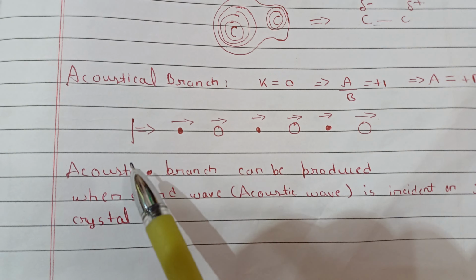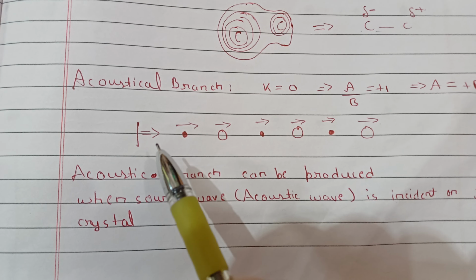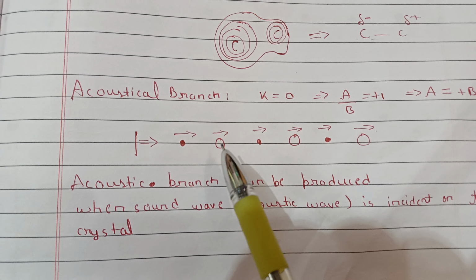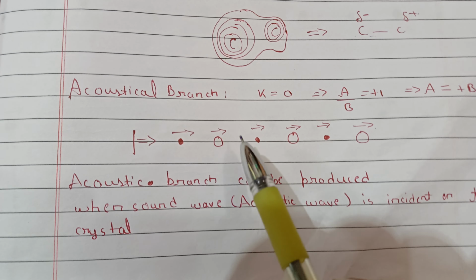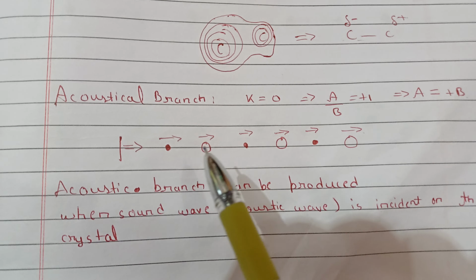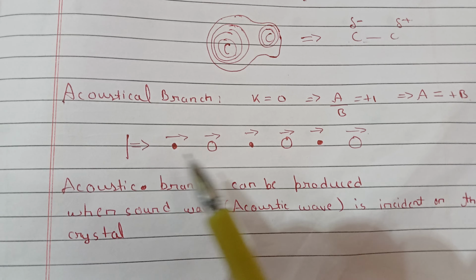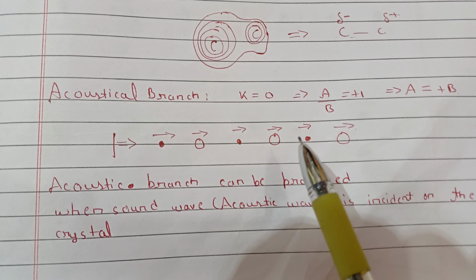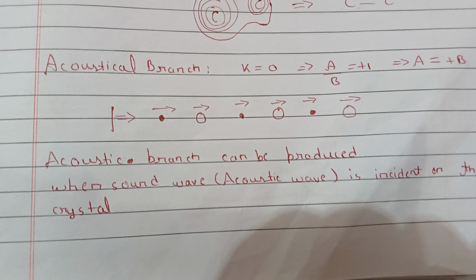When we speak or apply some force on the air molecules, if they are moving in this direction, then they will feel some compression, and if they are moving in this direction, they will feel the rarefaction. And all will be moving in the same direction. So this is the acoustical branch.